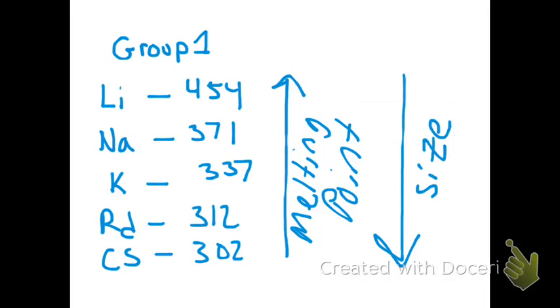And since they're reduced in attraction, it becomes easier to melt, as the nucleus becomes further away from those delocalized valence electrons. Alright? So that should explain the melting point trend for group 1.